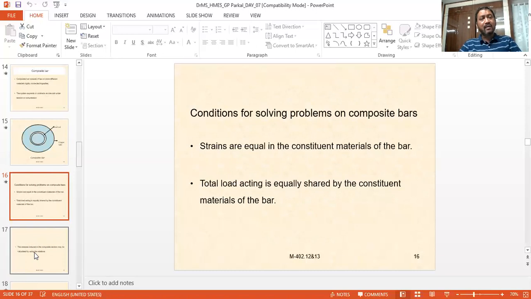Total load is equal to load shared by the steel rod and load shared by the copper tube. Based on these two conditions, we can solve any kind of problem in the case of composite bars.